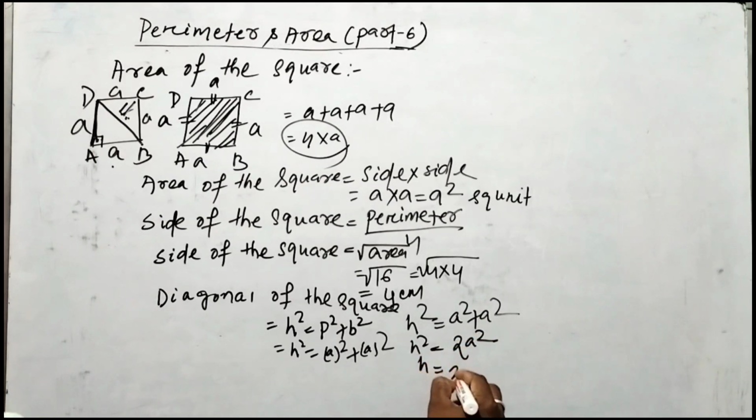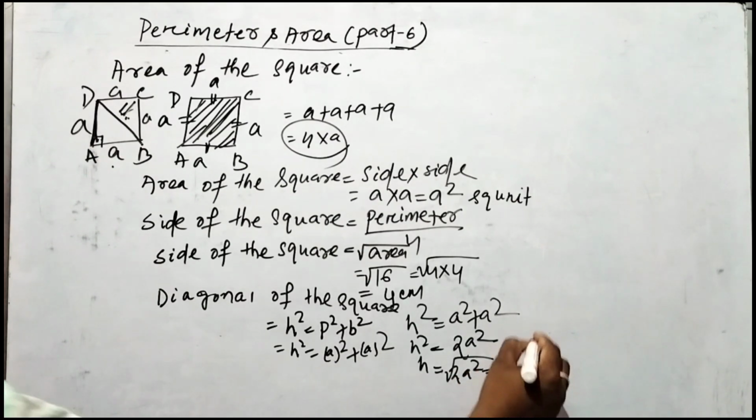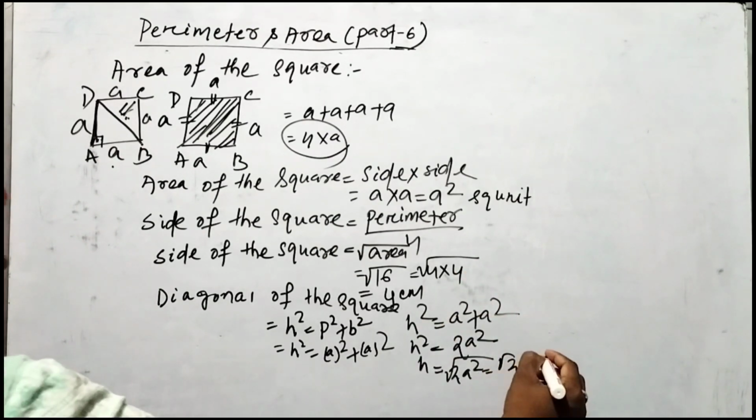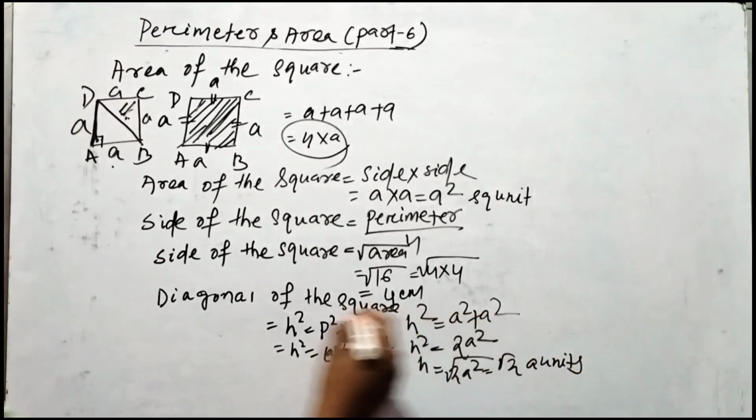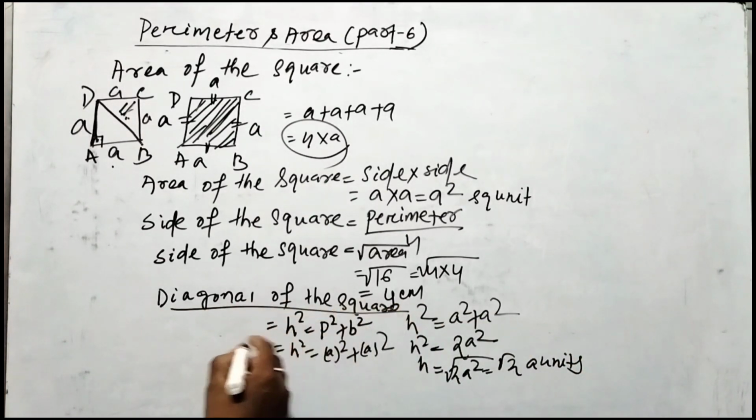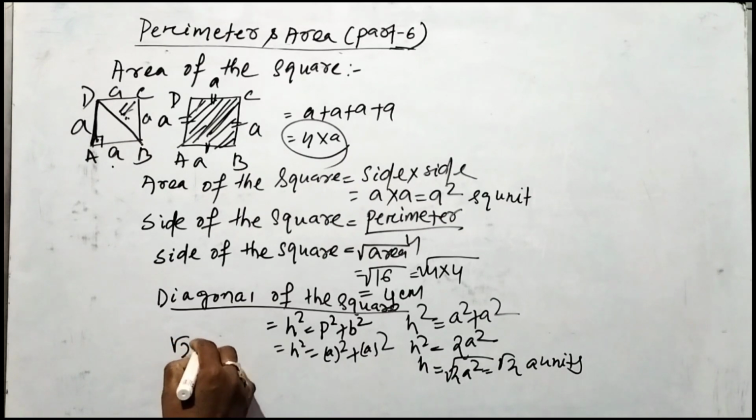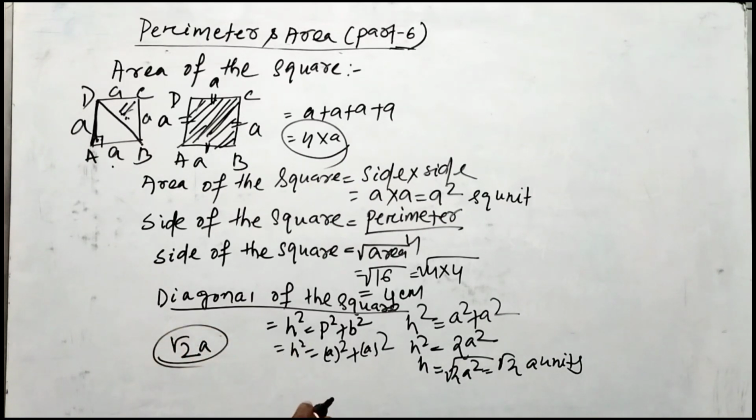So H equals the square root of 2A square. The square root of A square is A, because A into A, in pairing you take one, so the value is root 2 A units. You can find the diagonal of the square by using the formula root 2 A units.